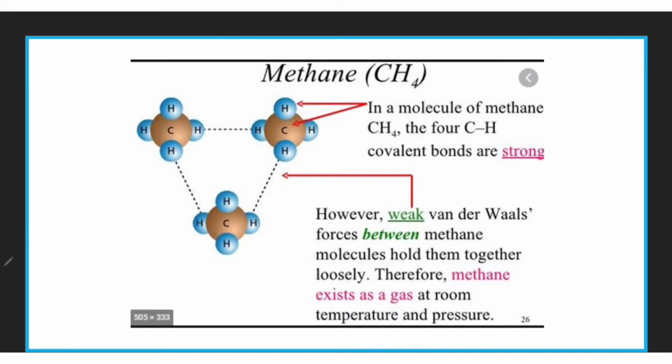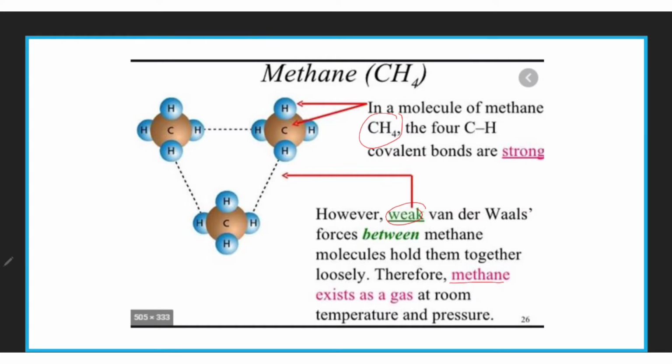We have methane here, CH4. The molecule is tetrahedral, and the molecule is symmetrical. So the cloud of electrons between C and H is equally shared. Then there are weak van der Waals forces because CH4 is a non-polar molecule, but this is weak because it's temporary.